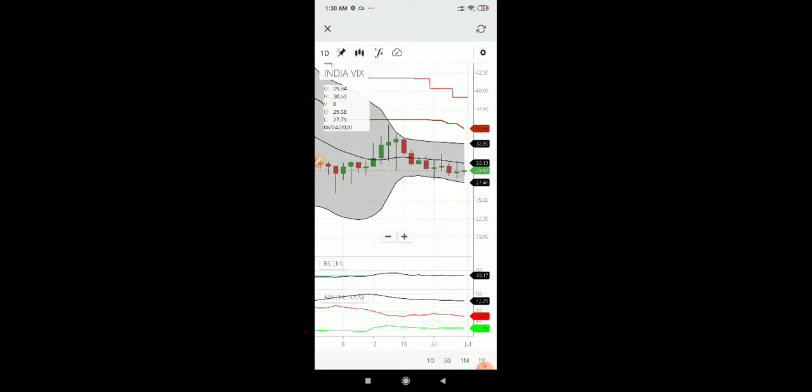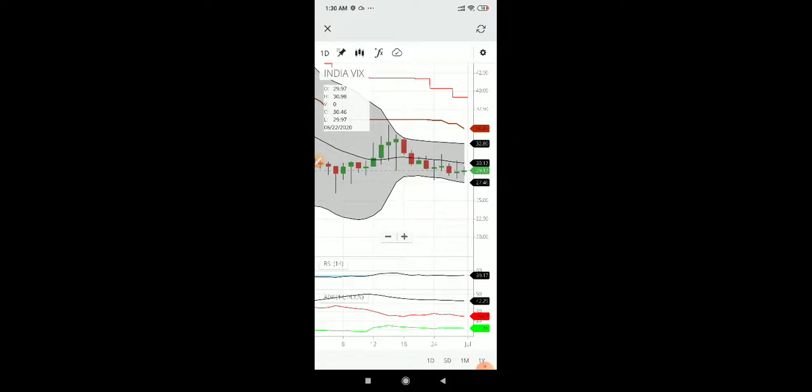At present scenario, we found that NIFTY is in reasonable positive trend by seeing the super trend, ATR trailing stop losses, and RSI, even ADX. Same thing we will see in India VIX also in day chart.